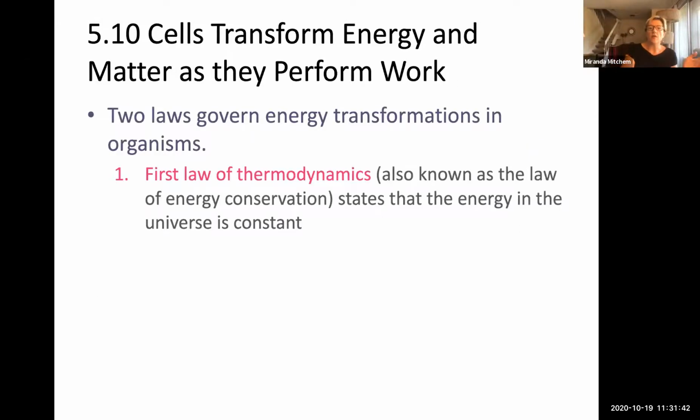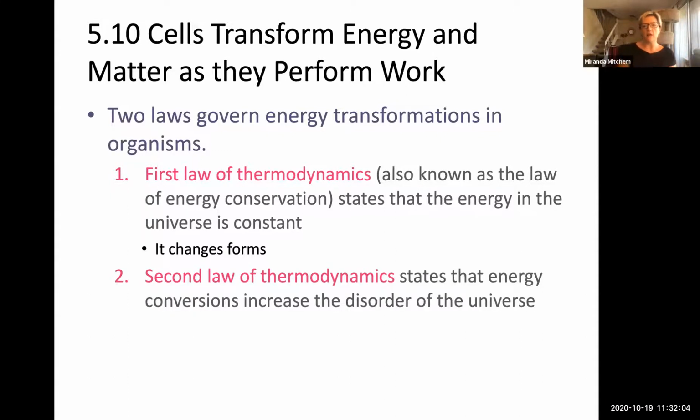Now, our first law of thermodynamics is the law of conservation of energy, and it states that the amount of energy in the universe is constant. It may change forms, it does change forms, but the total amount of energy out there in the universe is the same.